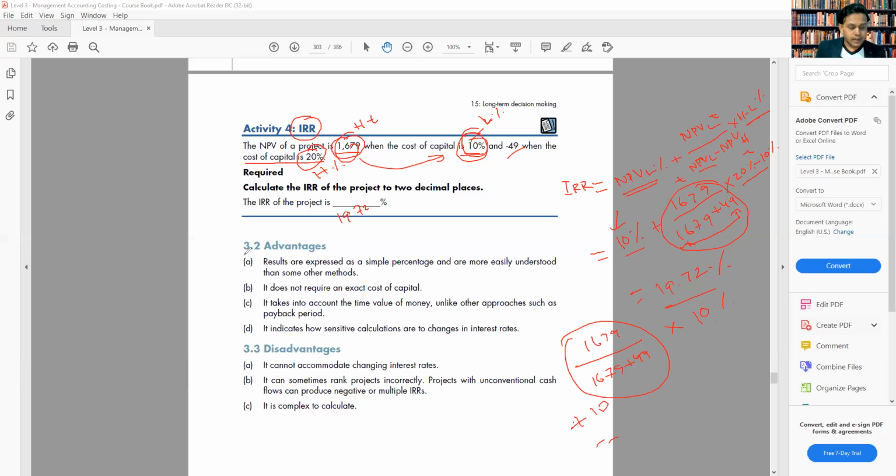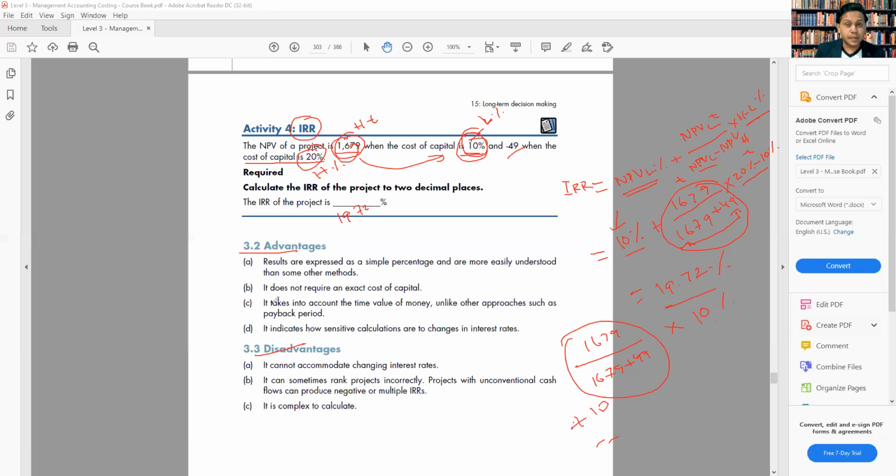The next point, we have advantages and disadvantages for the IRR. For every single topic we are doing, NPV, payback period, or IRR, each has some advantages and disadvantages. So make sure you read this chapter. I'm saying it so many times, make sure you revise every single page you have in the book.